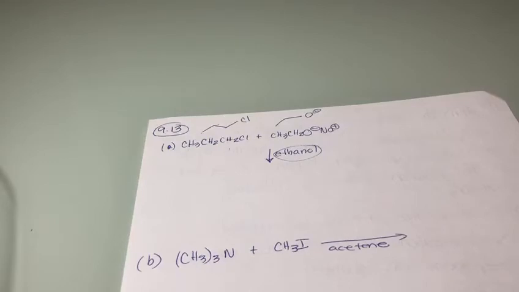You need to keep in mind that even if the reaction is SN1, the outcome, the product, will look the same as if it is an SN2 reaction. The outcome is the same regardless if it's SN1 or SN2, but the mechanism will not be the same.